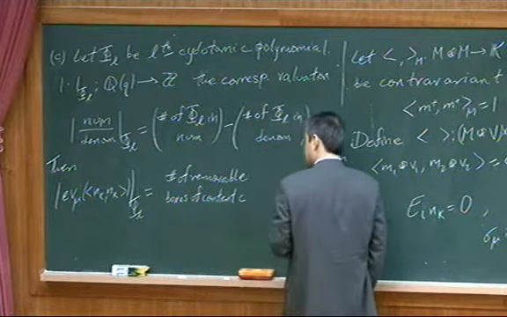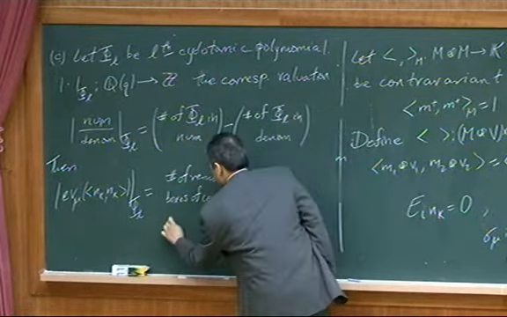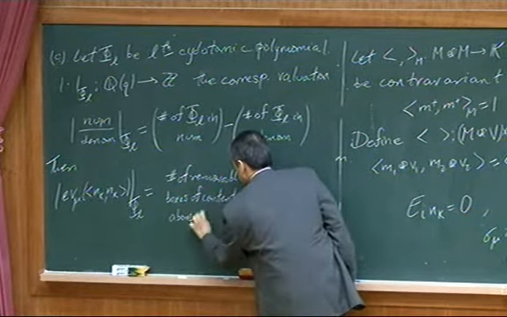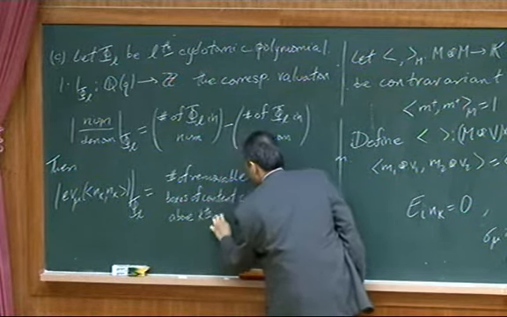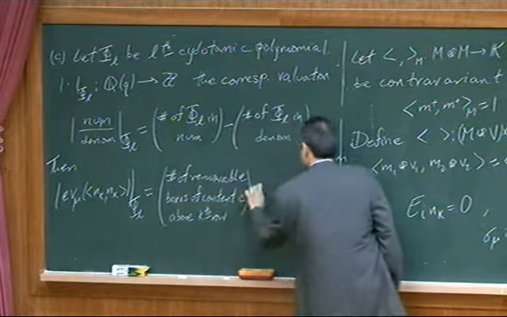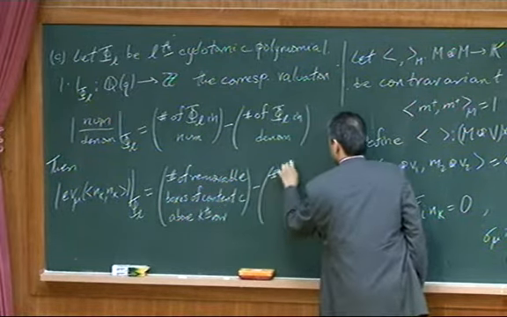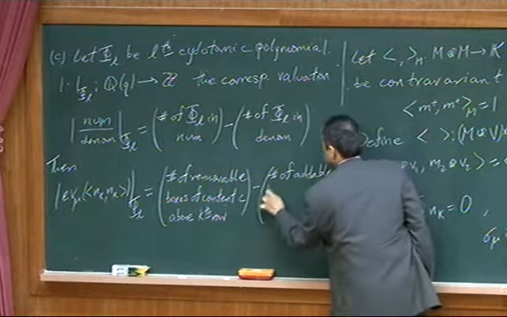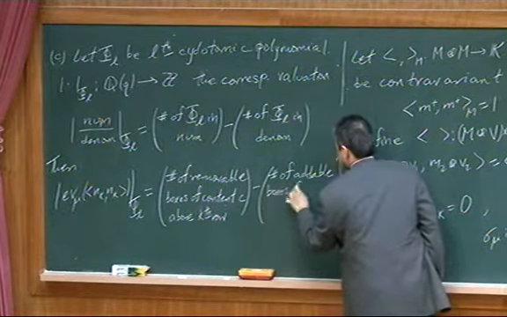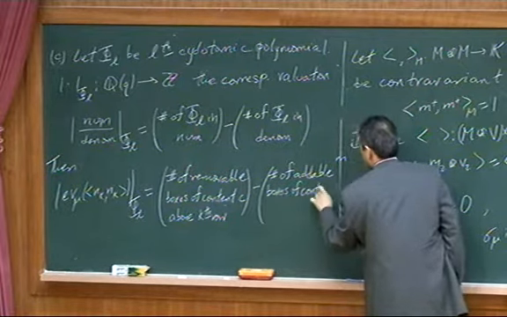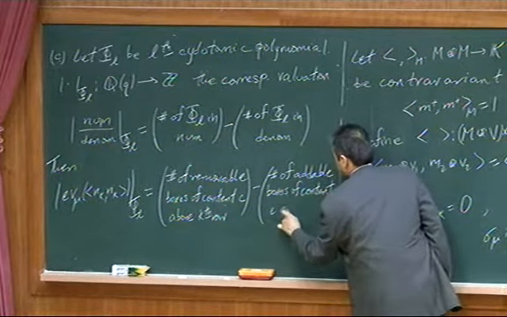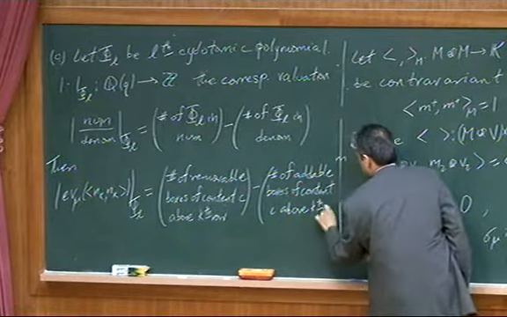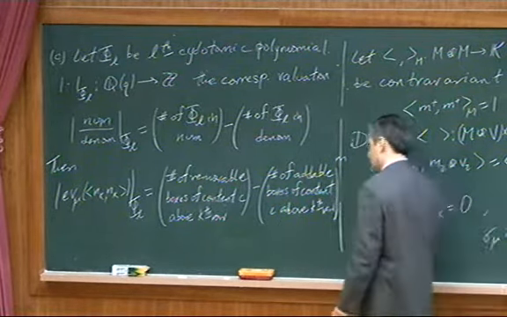Oh, I forgot to say what C is. Above the kth row, I will tell you in a moment. Above the kth row, minus the number of addable boxes of content C above the kth row.